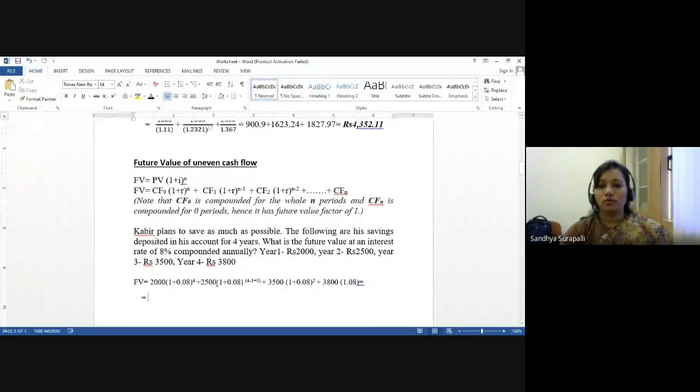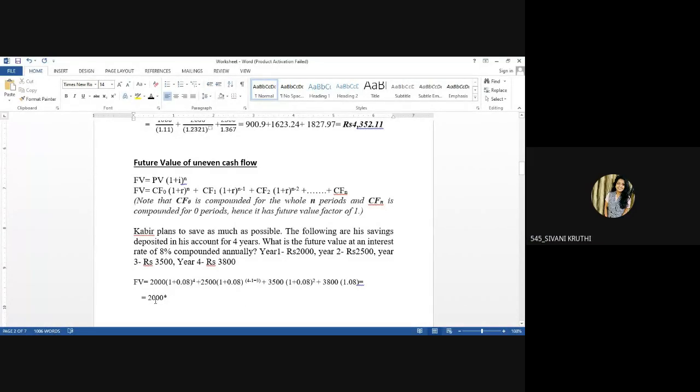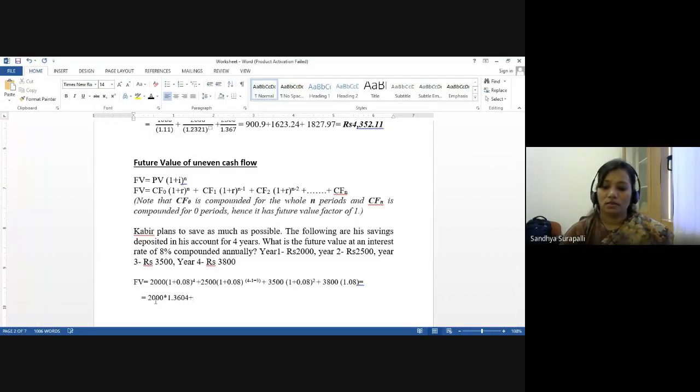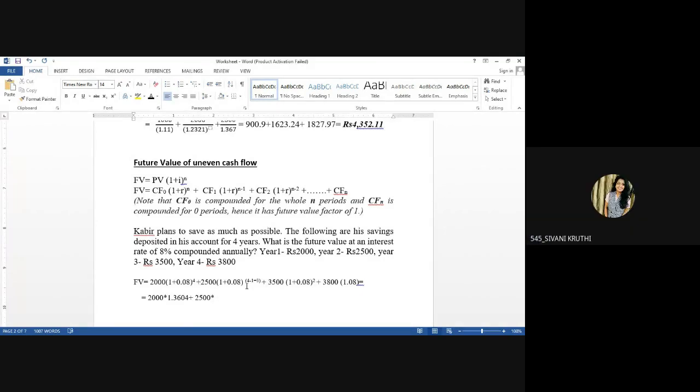So you all have to do this calculation. Tell me 1.08 to the power 4 how much? Quickly you tell me. 1.3604. Okay. 2,500 multiplied with 1.08 to the power 3. 1.259.